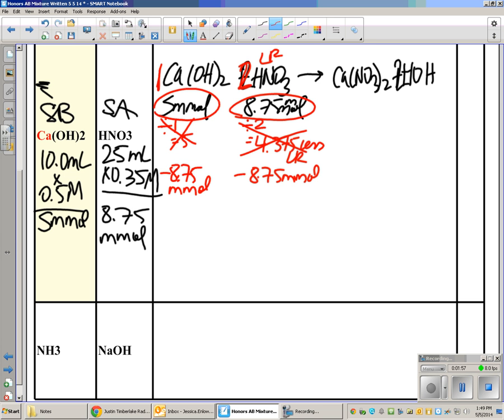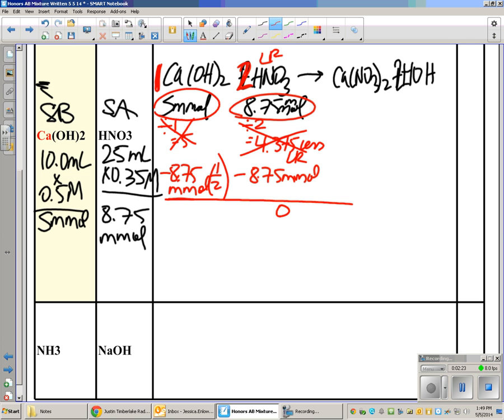So you take whatever you have for the coefficient of the one you're dealing with on top, and you're multiplying by a mole ratio, divided by the 2, which is the limiting reagent. That pretty much tells you that you only are going to consume half of the calcium hydroxide, or half of this 8.75 number, in order to react fully with all that calcium hydroxide.